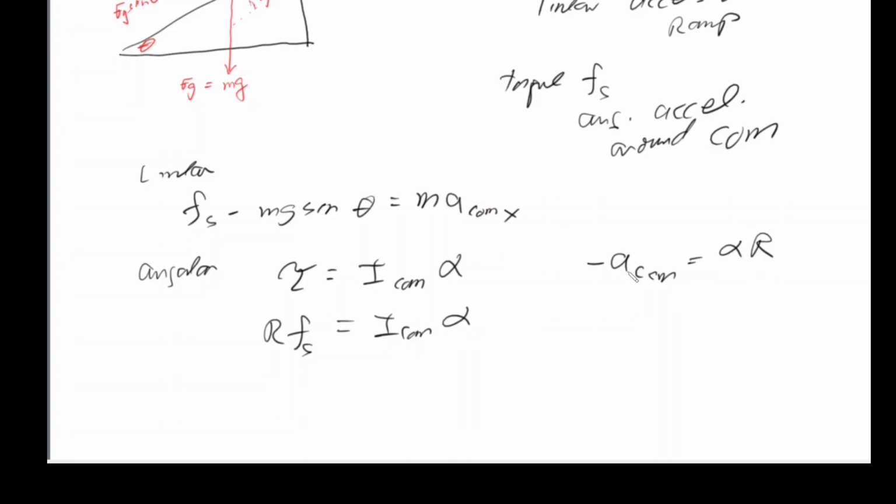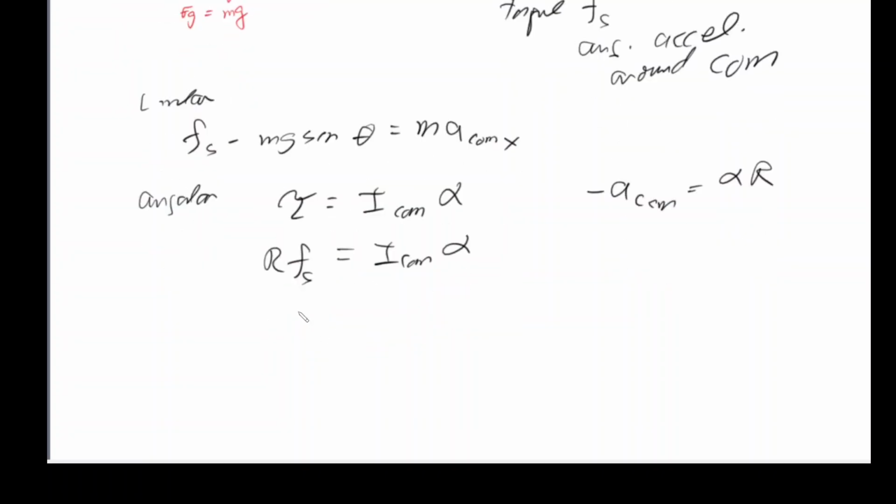So if we can then solve for the force of friction, it is equal to minus I center of mass times a center of mass in the x direction over r squared.